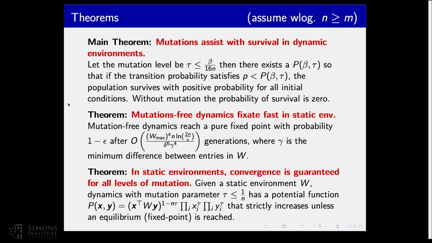The only thing I want to point out is that the Lyapunov function that drives the convergence for the dynamics with mutation is a very interesting hybrid between the mean fitness, which is the first term, and the second term, which is effectively a notion of entropy. So either the mean fitness goes up, as I would want, or the population becomes more mixed. But it's this combination of the two that always goes up.